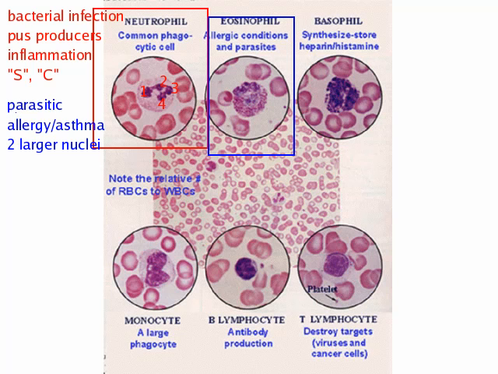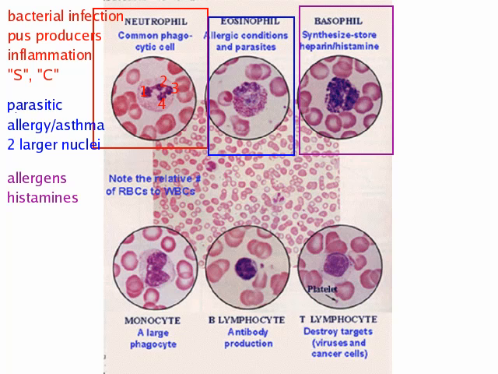Next, we turn our attention to the basophils. With the basophils, we see these in response to allergens once again, and typically they will release histamines and or heparin to allow the blood to flow.